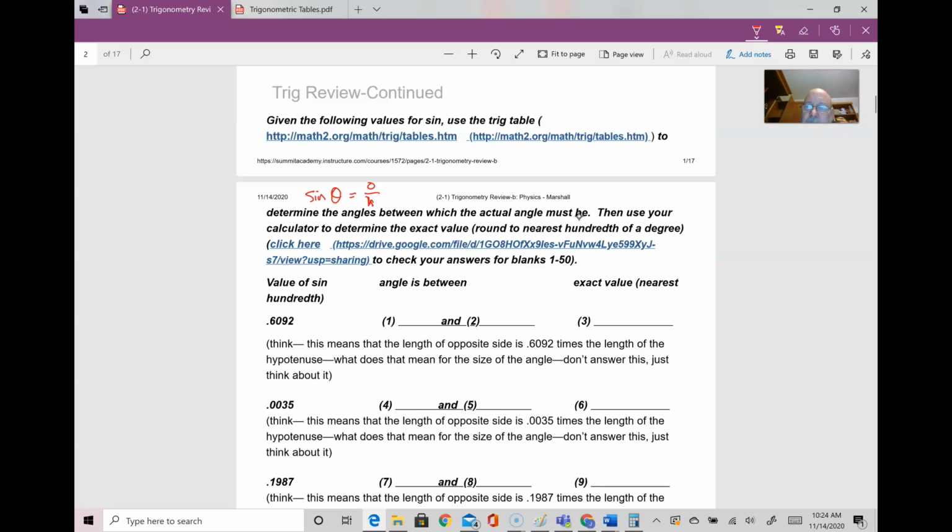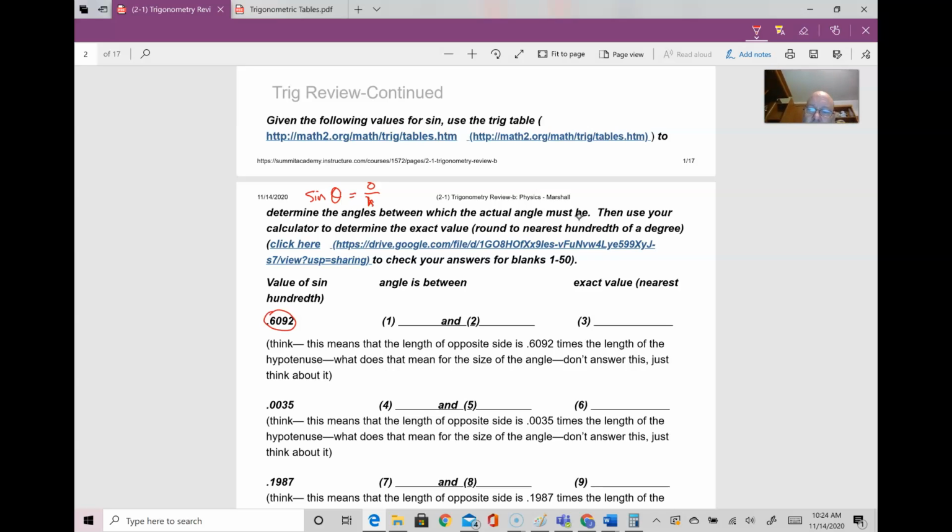If I have those values, I can find out what that is. But if I have the sine of theta, and you can see here my first one is 0.6092, I can go backwards and find the inverse sine. Okay, and that's what we're actually doing here. We're finding the angle from the value of the sine.